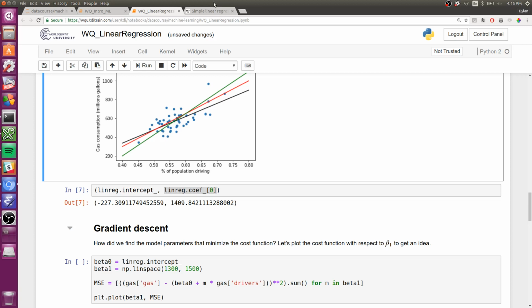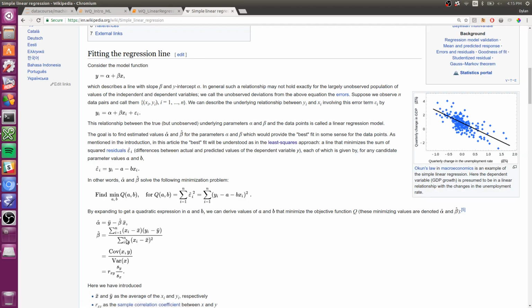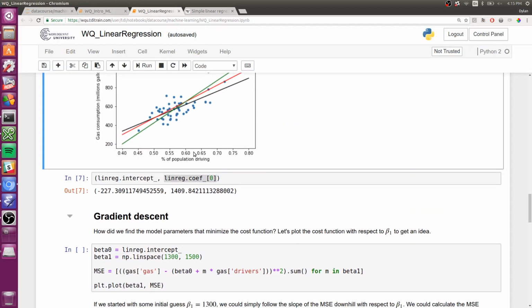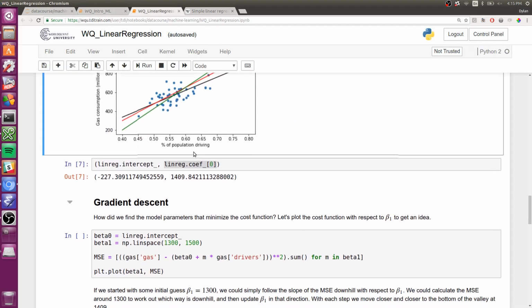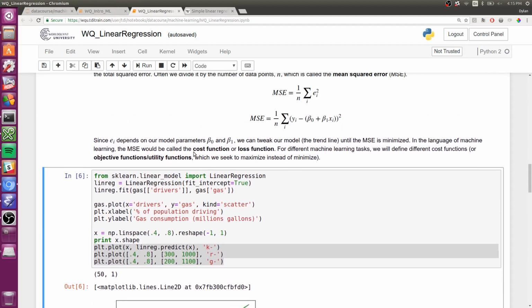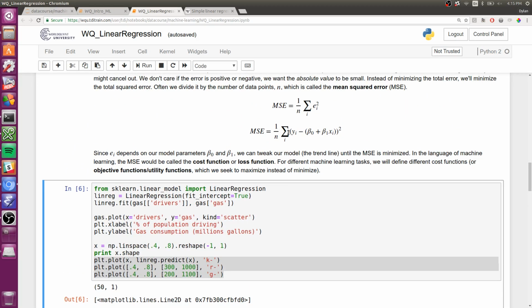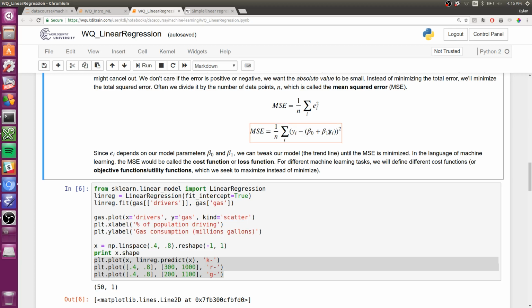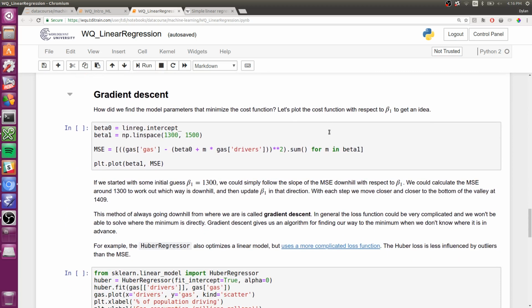Sometimes no such analytic solution exists, and other times, even though the analytic solution does exist, it might not be practical to compute what these values actually are. And so one generic way of minimizing the mean squared error, or whatever the cost or loss function might be, as a function of the model parameters, is gradient descent.